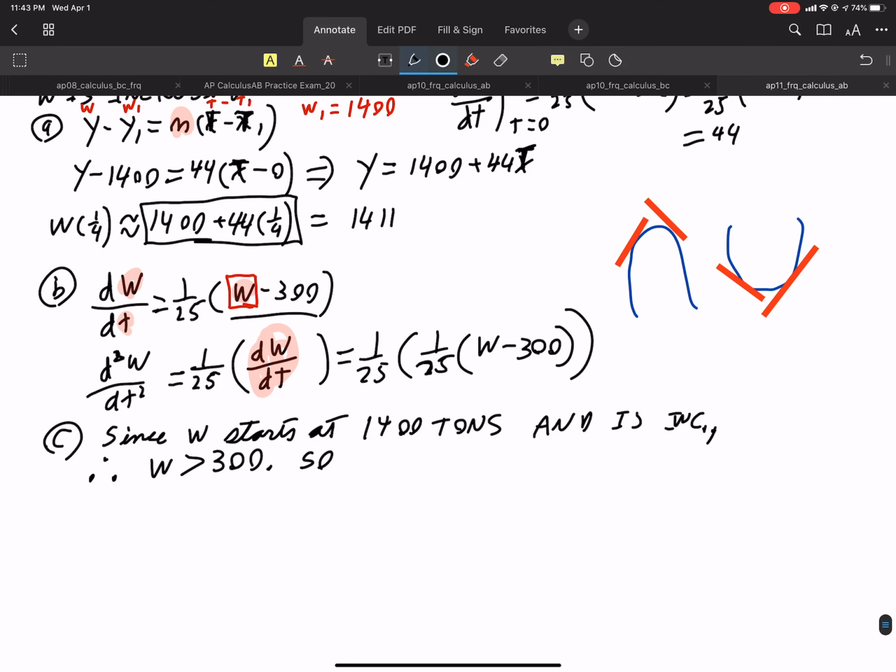So d2w/dt squared, the second derivative, is always positive. Well, that gives us a concave up situation. We know it's an under approximation.